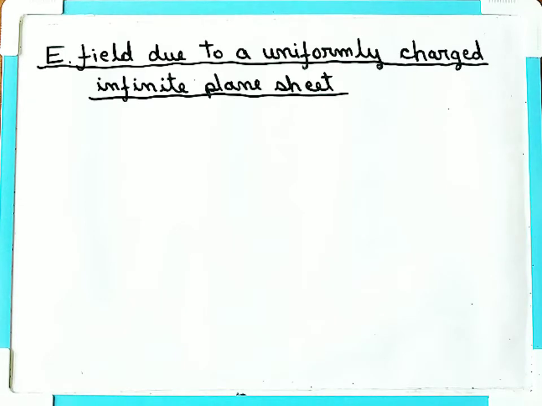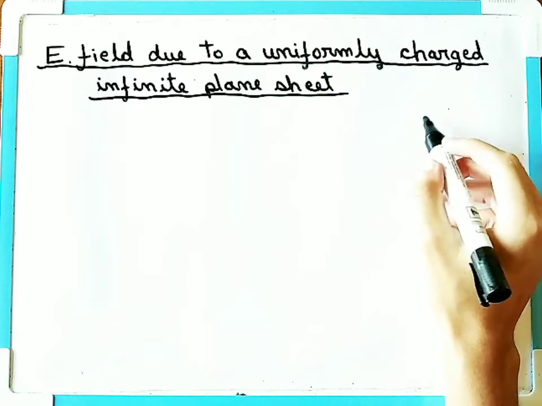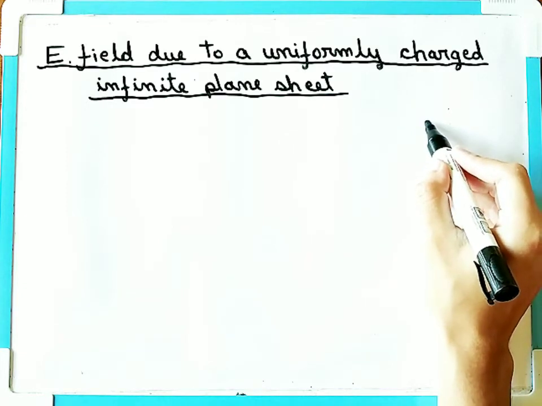Now another application of Gauss law is to find the electric field due to a uniformly charged infinite plane sheet. So here we consider a uniformly charged infinite plane sheet.